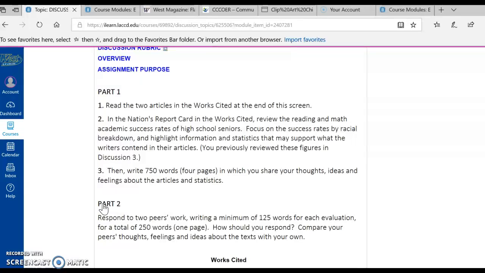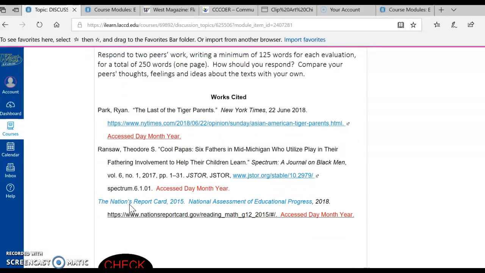Okay, so scrolling down, what do we have? We have a part 1 to this assignment, and we have a part 2. We have a works cited with Ryan Park's article, The Last of the Tiger Parents, and with Theodore S. Ransaw's article, Cool Papa's 6 Fathers in Michigan Who Utilize Play in Their Fathering Involvement to Help Their Children Learn.